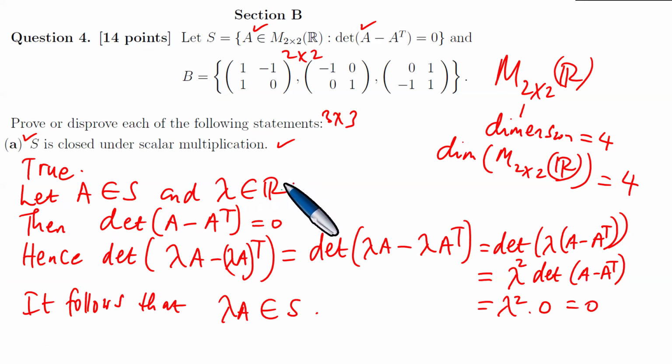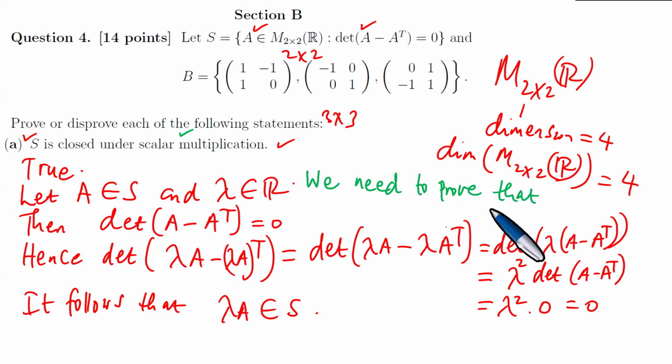So this becomes our script of reasoning. Always, when we prove scalar multiplication, there are two things we need to take into account: we take a vector and also a scalar. Then we can write that we need to prove that lambda A is an element of S, because sometimes it's very important to have an objective in mind when you write a proof.